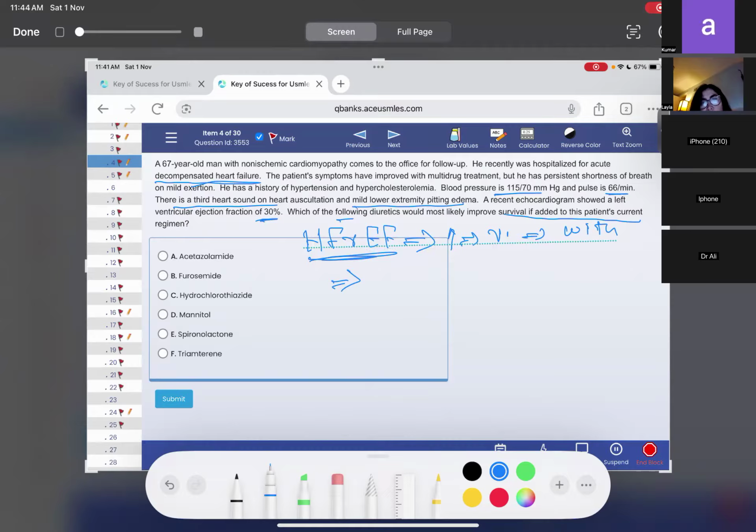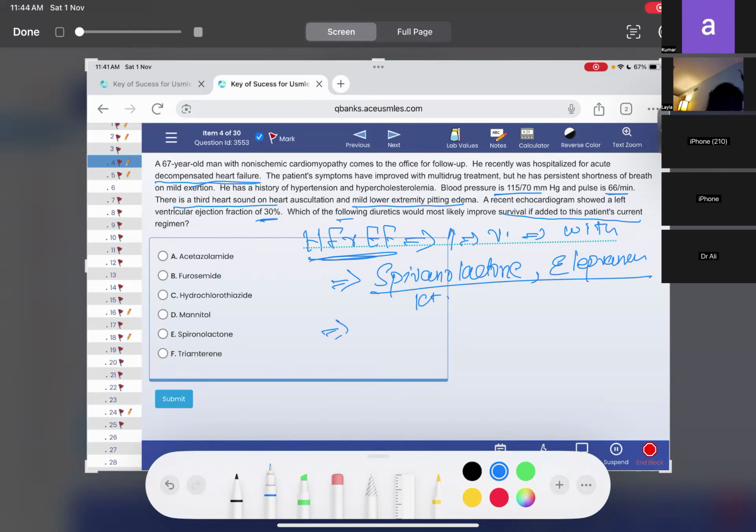Number one, spironolactone, and another one, eplerenone. These are potassium-sparing diuretics.